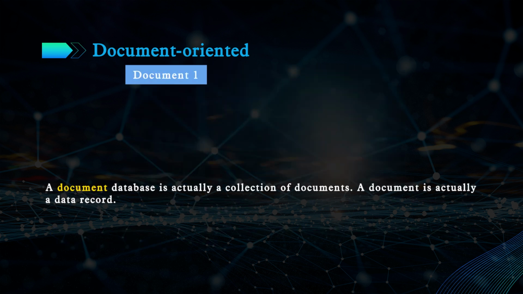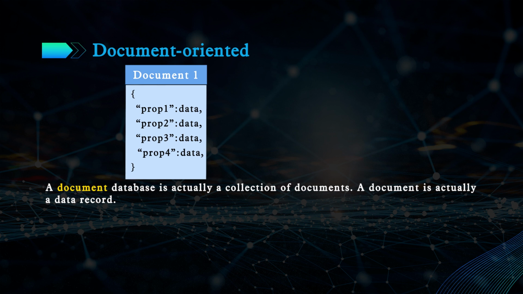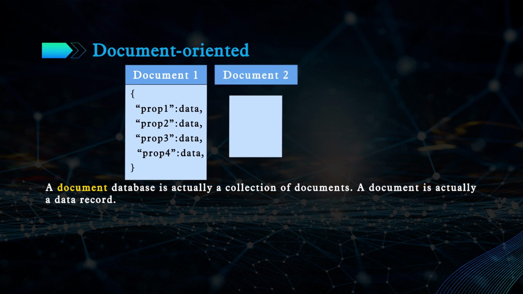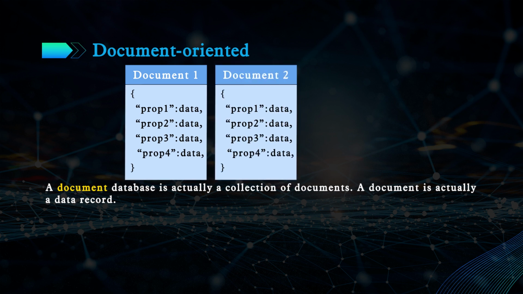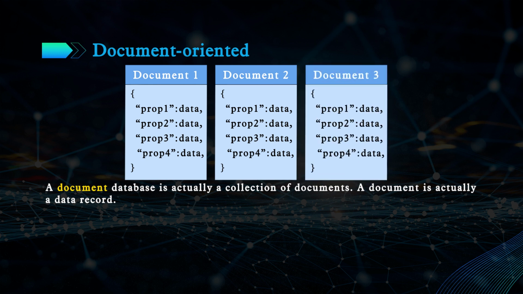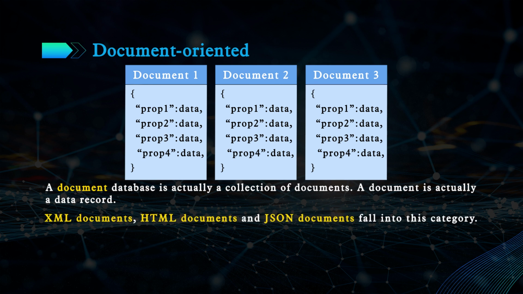A document database is actually a collection of documents. A document is actually a data record. This record can self-describe the type and content of the data contained. XML documents, HTML documents, and JSON documents fall into this category.